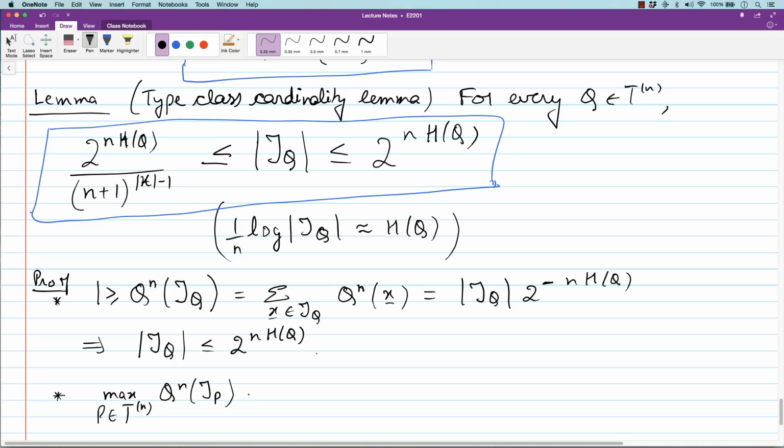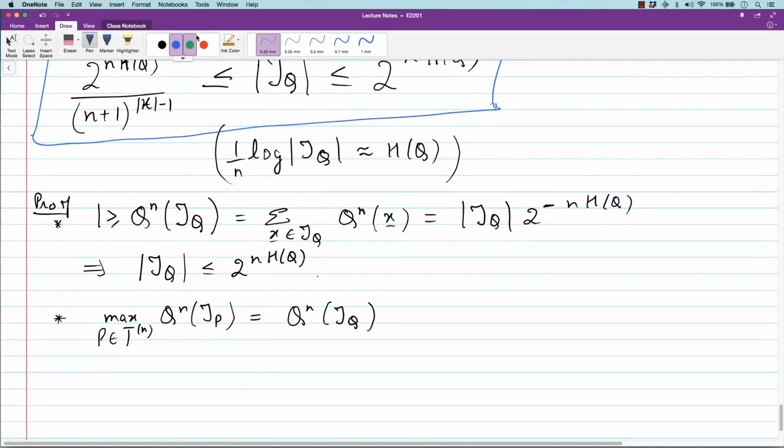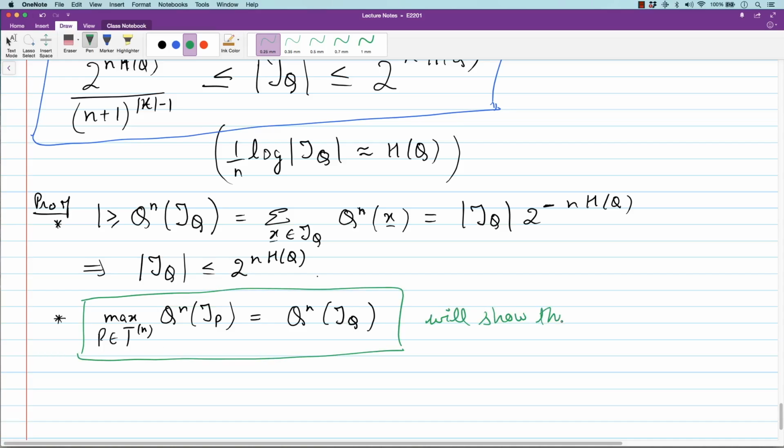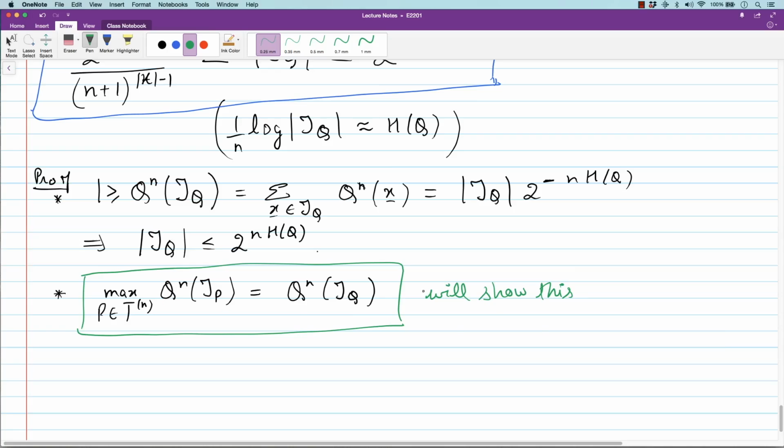The claim is this is maximized by P equal to Q. Okay, that's the claim. We'll show this. But suppose you show this, then what? We'll show that the type which maximizes this is this Q.